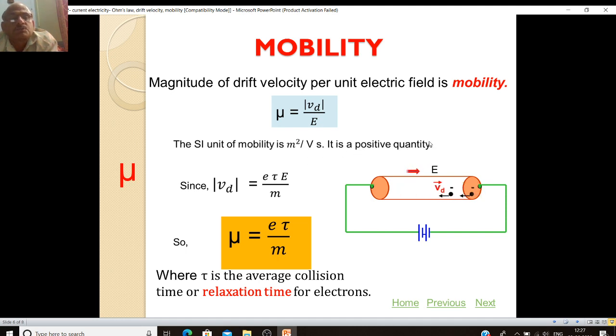It's a positive quantity. Now Vd equal to e tau E by m. So mu equal to e tau by m, where tau is the average collision time or relaxation time for electrons.